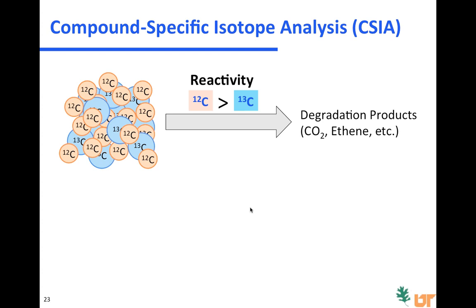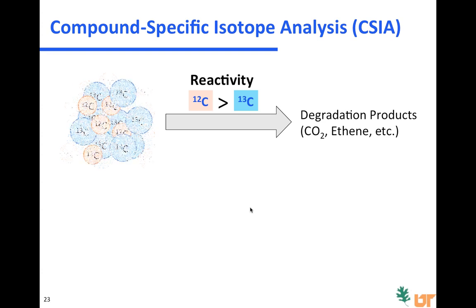So after a while, you have an enrichment in C13 because it's not converted as fast as C12. So the pool of vinyl chloride is changing. It is now enriched in C13. And that's something you can measure. So this can be measured.